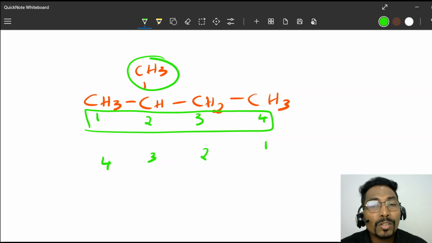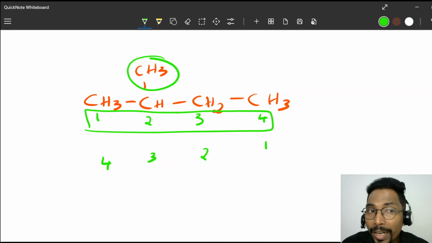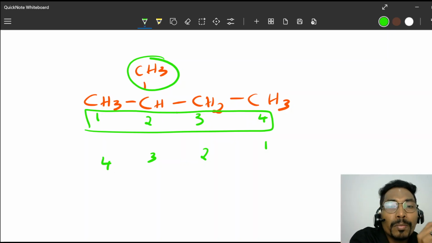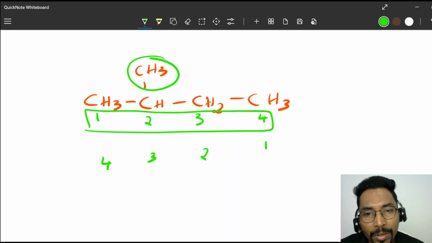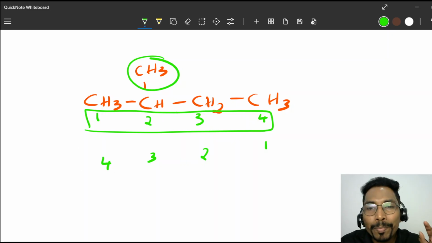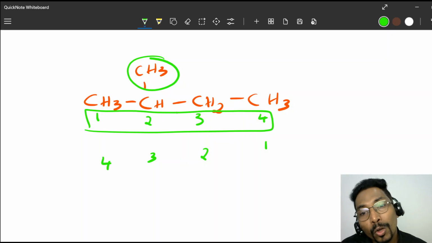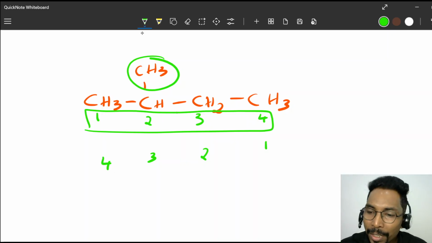So you should give priority to branches and functional groups. Priority means the numbering should start from the side where the branch or functional group is present. That means the branches or functional groups should get the lowest possible number.